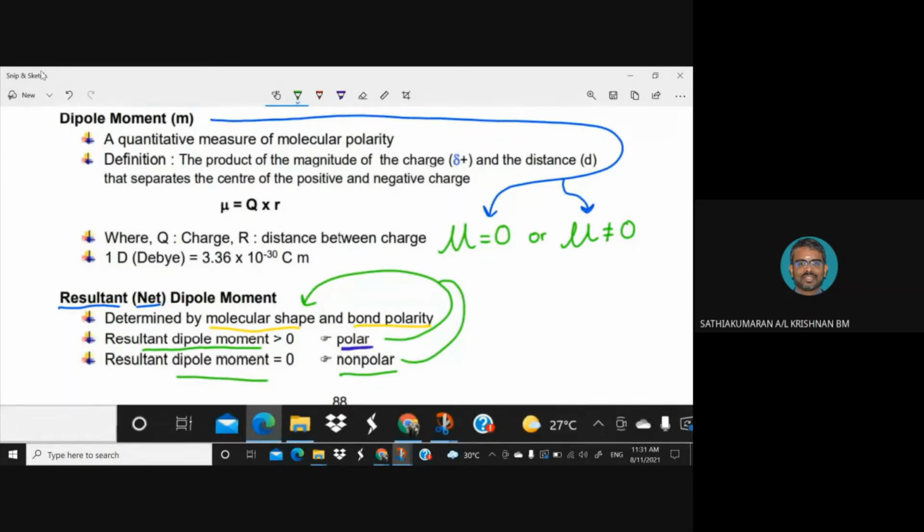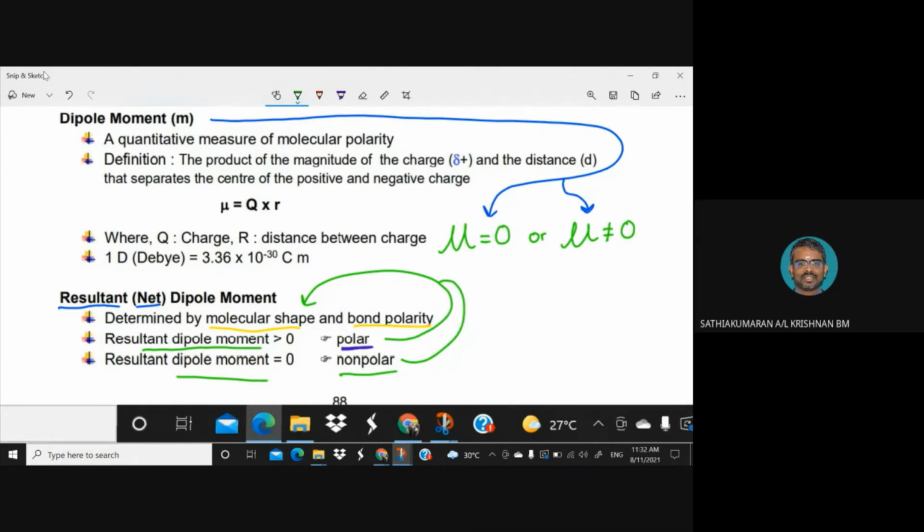That is 7.3. So what basics do you have to know? You have to know bond dipole, dipole positive, dipole negative, and the dipole arrow, the polar arrow, and how to draw a bond dipole.